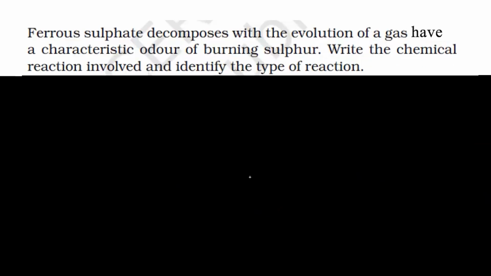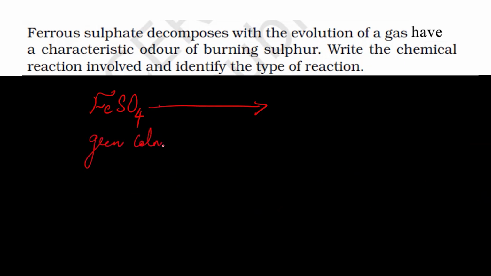Next question is ferrous sulfate. Very important question, and this is exactly taken from our textbook. What is ferrous sulfate? FeSO4. It decomposes with the evolution of a gas having a characteristic odor of burning sulfur. Write the chemical reaction. We have studied that ferrous sulfate is green in color.